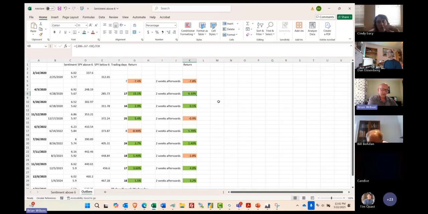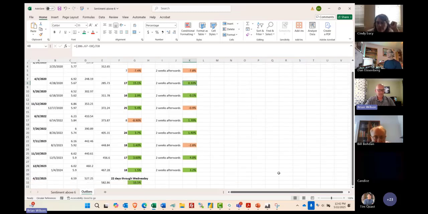So normal conditions are you get a little bit of a flat line, and you can see it here in most of these numbers. The exception, I guess, when we come down here to 2023, that was in the middle of a bull market. 17, 18 days. We had pretty good returns afterwards. Once again, remember, we were in the middle of a bull market.